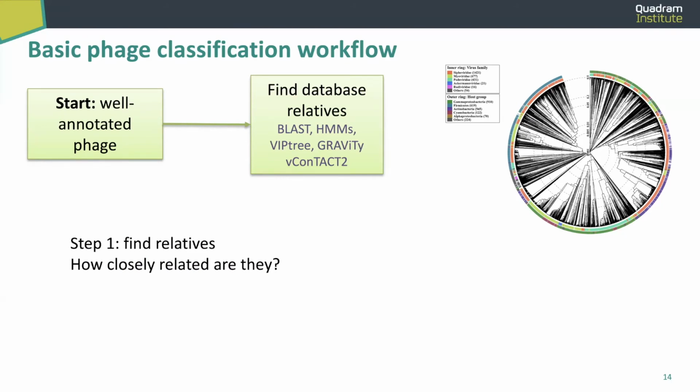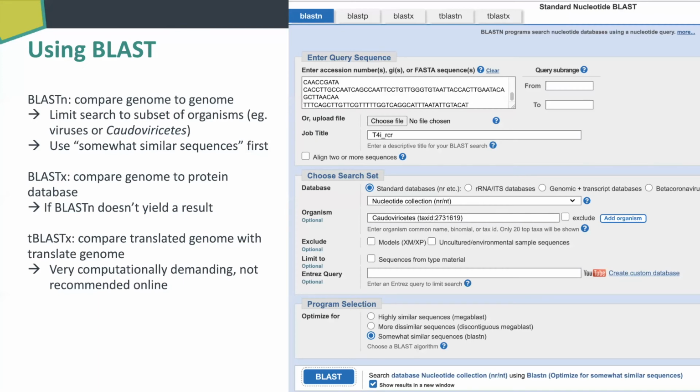Step one will be, how do you find your relatives and how closely related are they? If you do a BLAST search, you can see this basic BLAST search query. I suggest you limit your search to a subset of organisms. You can do that here in the organism setting. When you start typing here, there are options that will pop up. If you are absolutely unsure what type of phage it is, you can limit your search to viruses.